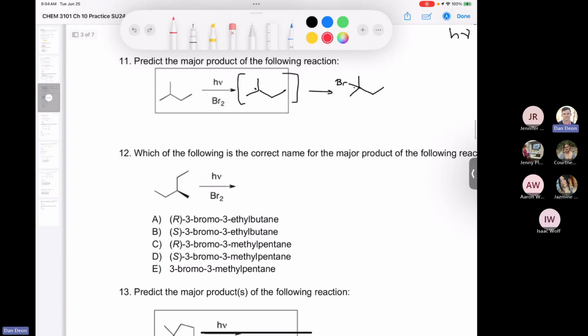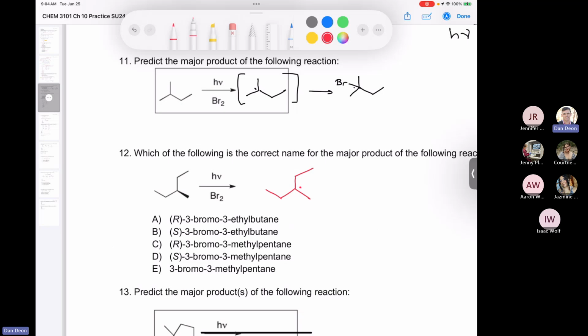But you guys know that when we treat it with bromine and light, once you do the hydrogen abstraction, you end up forming this radical. Now the bromine can come in from either face of the molecule, but again, you still don't end up with a stereocenter after it comes in.